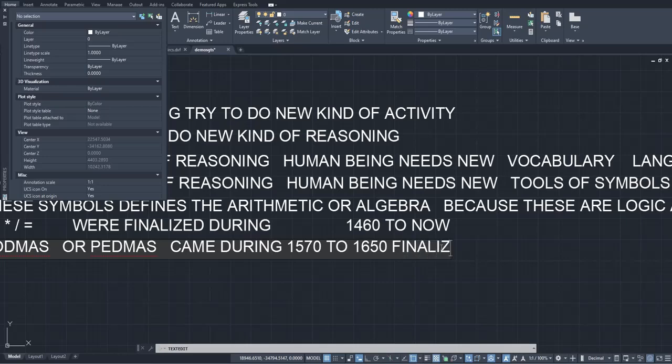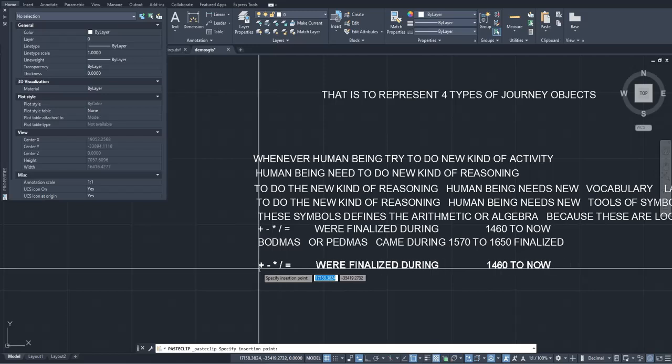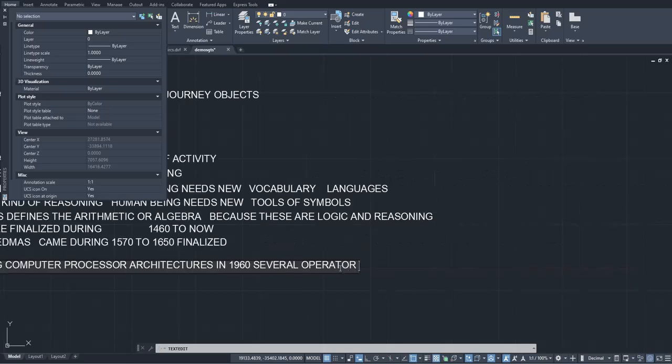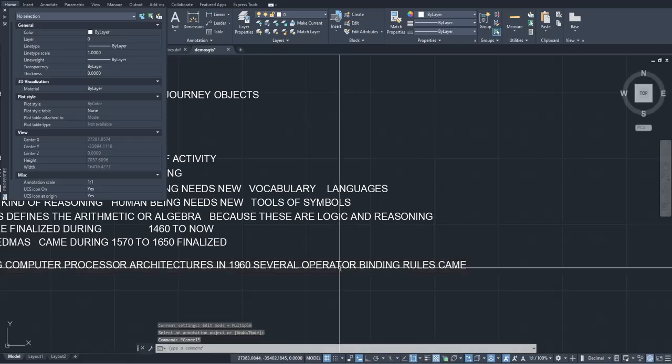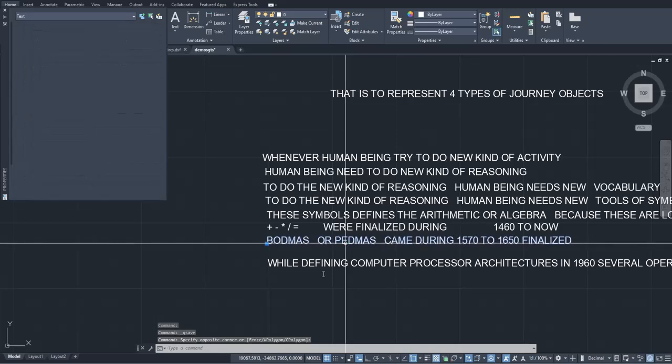And when defining the computer architecture, the processor architecture, in 1960, several operator binding rules came, because these BODMAS rules were not too important before.